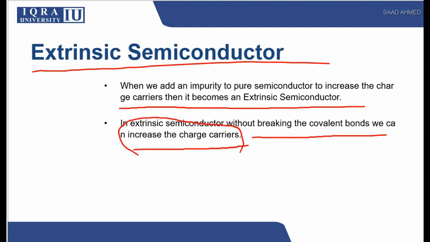Charge carriers, what are charge carriers? We are going to discuss that in a short while. So the target of the doping process is increasing the charge carriers, making extrinsic semiconductors, and so on.